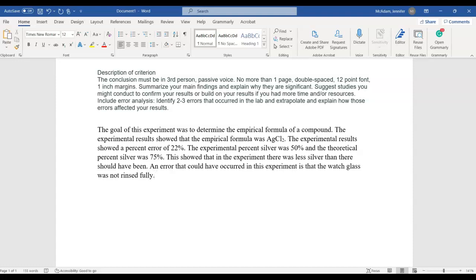Okay, yes, that's an error, but don't forget this part. How did that error affect your results?